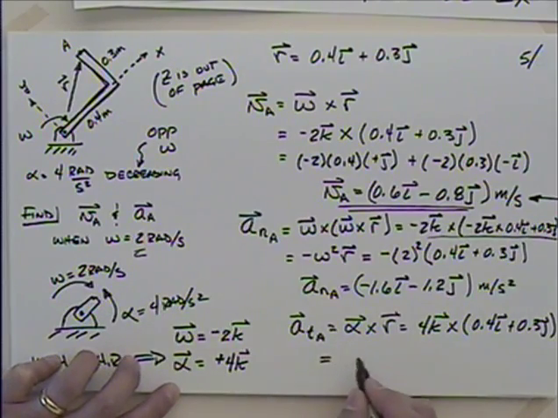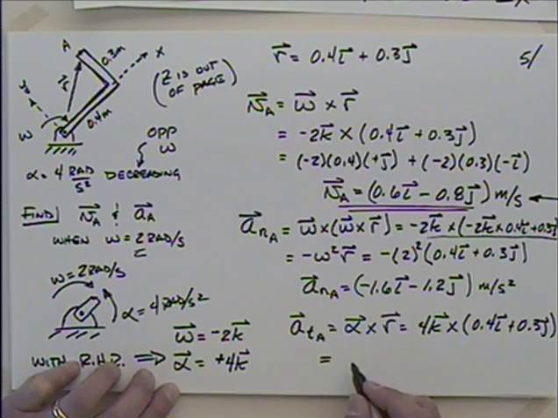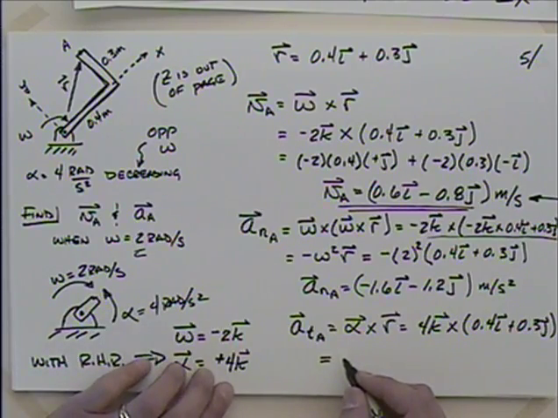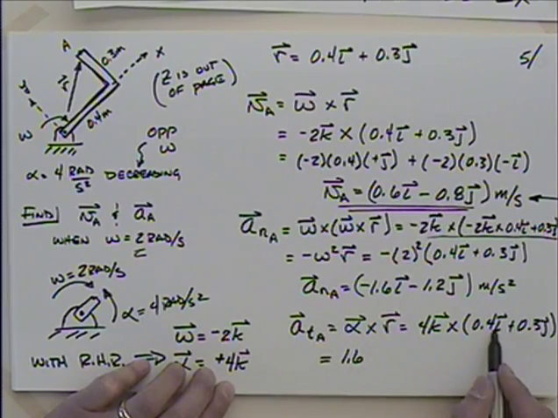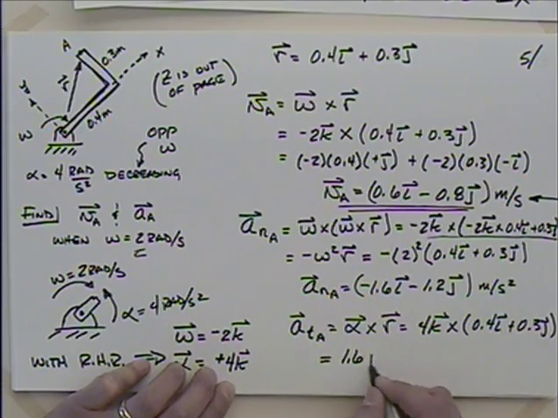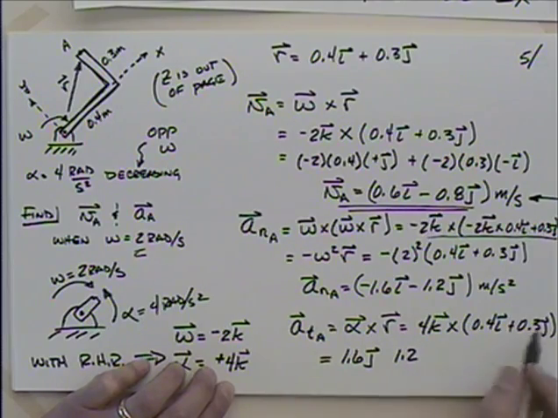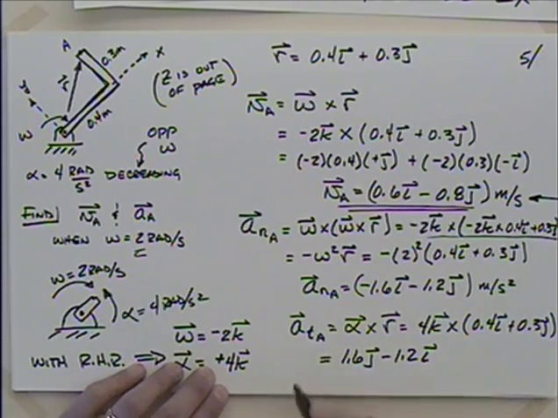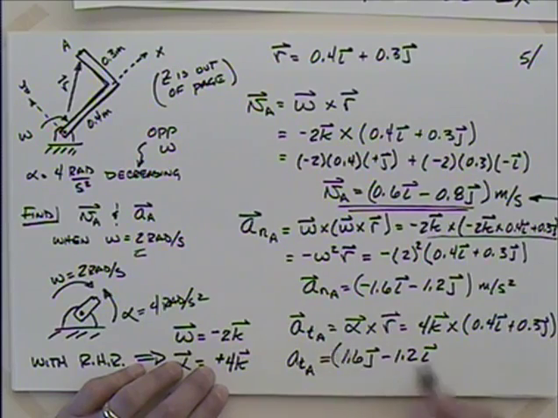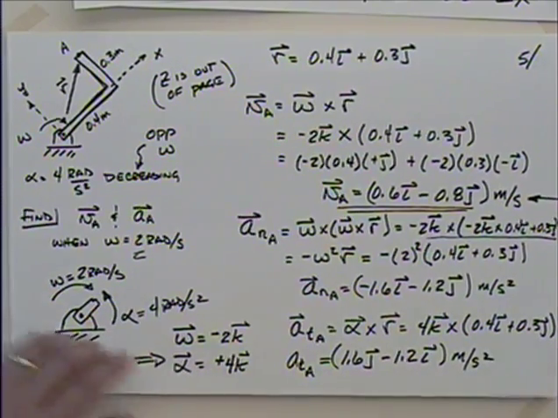So what's that turn out to be? 1.6. 4 times 0.4, 1.6, and what's k crossed with i? j? And then I'm going to have 4 times 0.3, 1.2. And k crossed with j is minus i. Okay. So that would be the acceleration in the tangential direction for A, in meters per second squared.